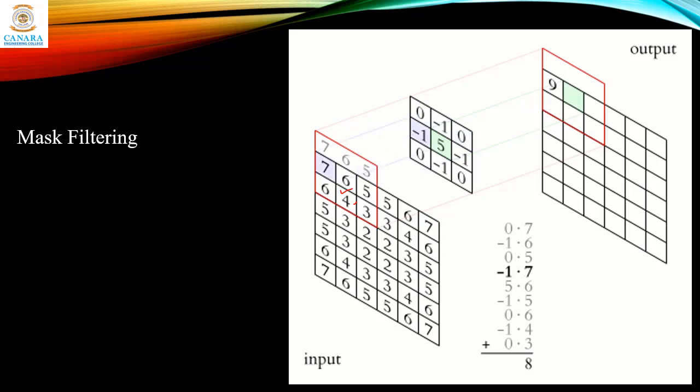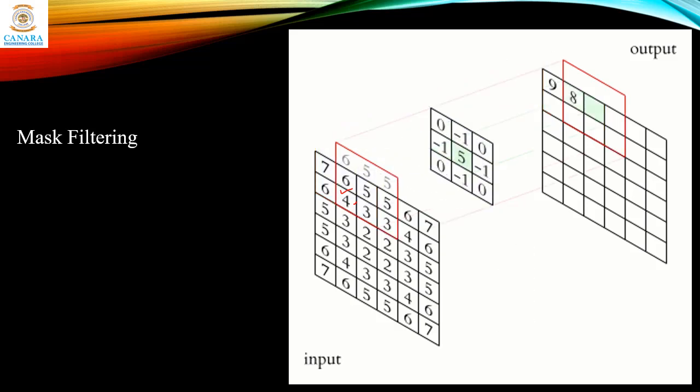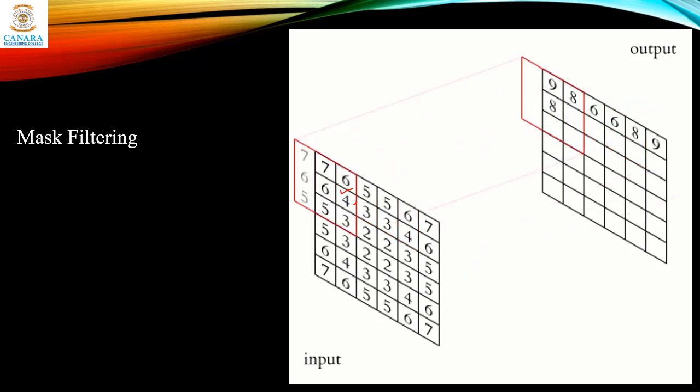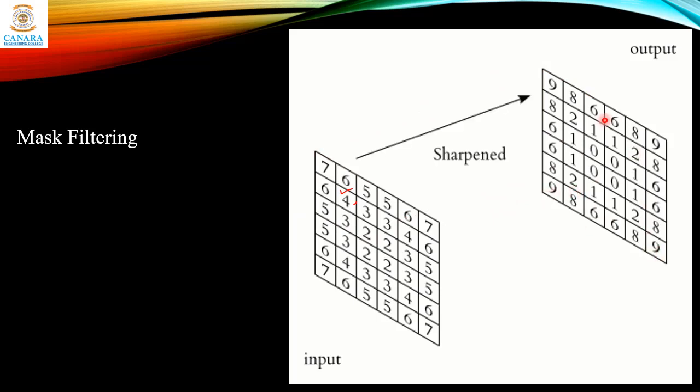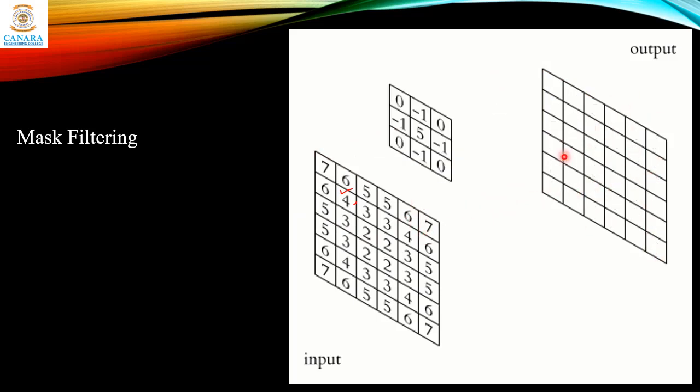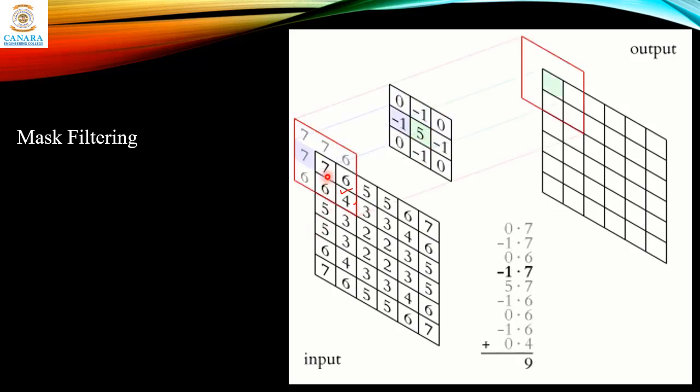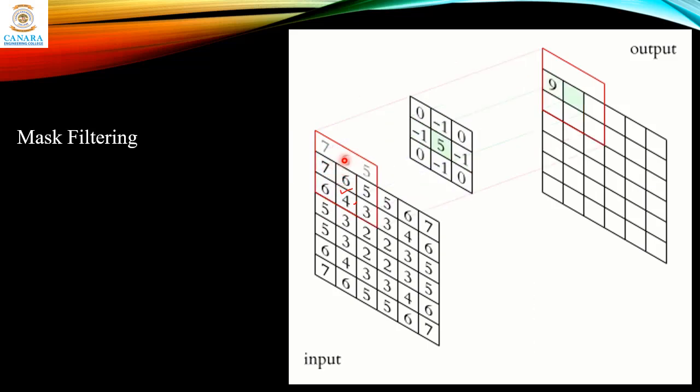You keep the mask in the location and then replace it with the filtered value at the output. And then we fill up the total output. The mask, that is the kernel, has its origin at the center. If you want to filter 7 here, in this illustration we are replicating the boundary pixels. Another technique is to fill up the zeros or append the zeros. Both techniques are fine.